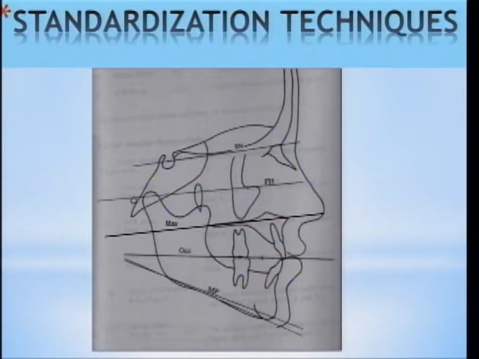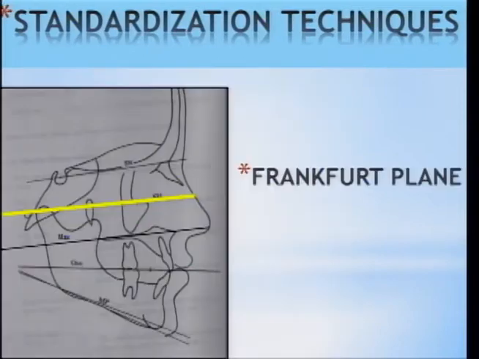So, once this was developed, how do we standardize this? And there are different planes. Remember, now we are only looking at things in 2D dimension. One of the planes that was suggested very early in the 30s was the Frankfurt plane. It's actually from the orbit to the tragus. And unfortunately, that changes quite a bit. The second that was suggested was the Sella-Nasion plane.